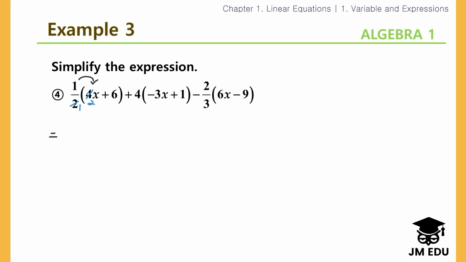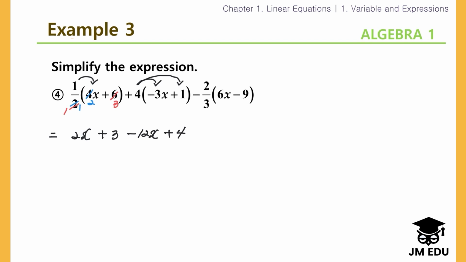So 1 times 2x, that's just the 2x. Here, 2 times 1, 2 times 3. So 1 times 3, that's plus 3. Here, 4 times minus 3x, that's minus 12x. 4 times plus 1, that's plus 4, right?